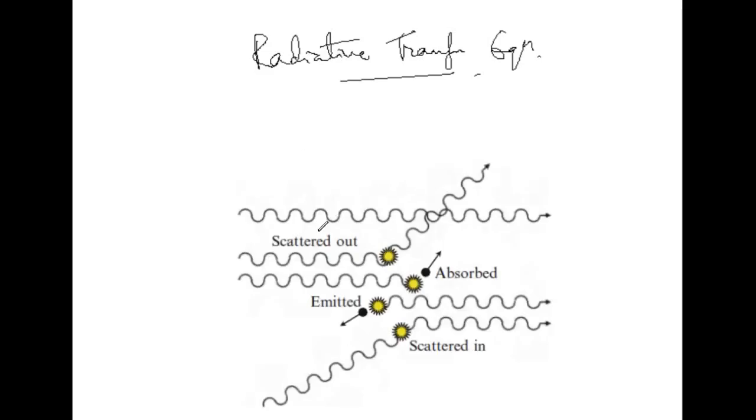So here I have just shown you the processes that add and remove energy from the beam as it passes through a gas. The scattering processes can both remove and add energy to the beam. Similarly, absorption removes energy and emission adds energy.